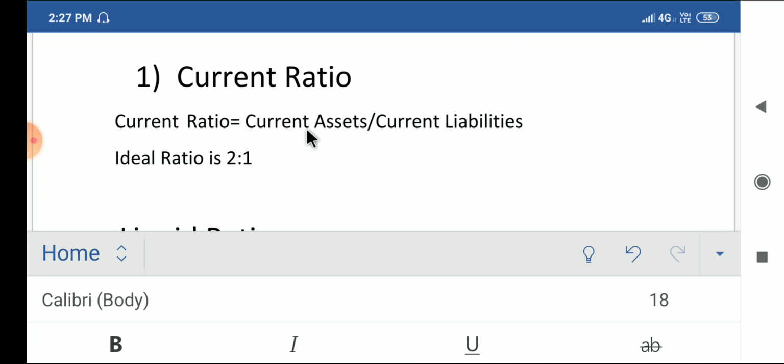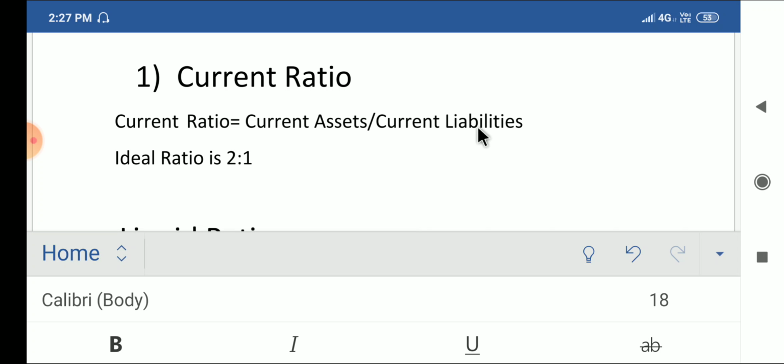The meaning of current ratio: the current ratio is also called the working capital ratio. Working capital means current assets minus current liabilities. This ratio is calculated between the current assets and current liabilities.